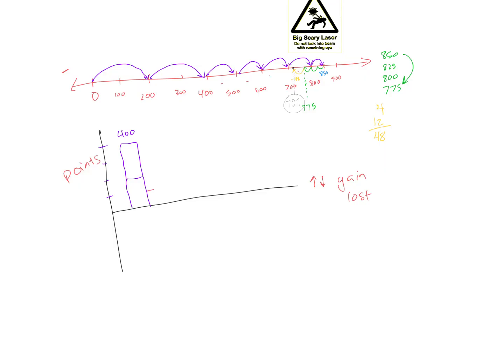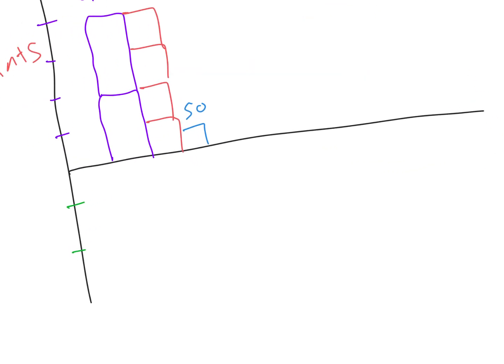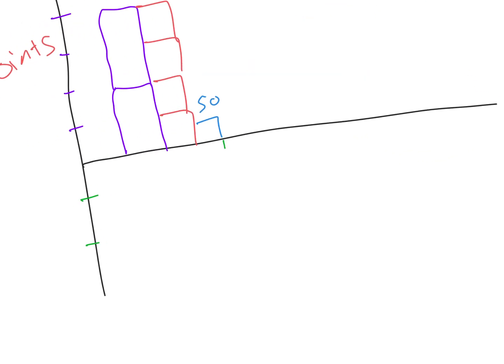Well, that's gonna look kind of like this. So I got another 400, and then I got a 50. So that's gonna be like right here. So that was points gained, right? And then I lost 25. So that's gonna be a little trickier to do because I counted by hundreds on this, right? So losing 25, that's like, I don't know, like right there, negative 25.